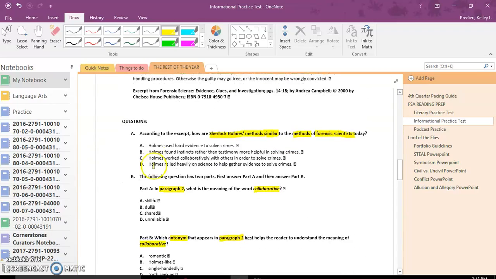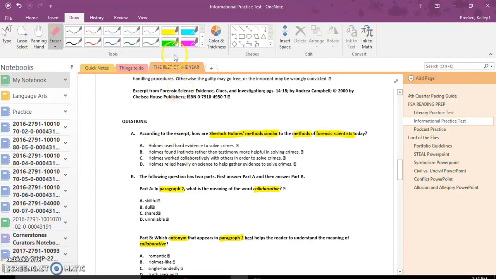Alright, so then Holmes used hard evidence to solve crimes. Hard evidence is what? Hard evidence is things that you can see, feel, touch, etc. So that's a possibility because that would tie into what forensic evidence is.